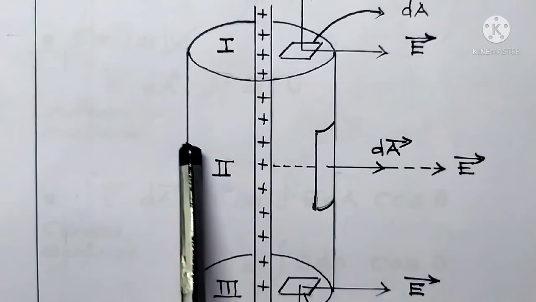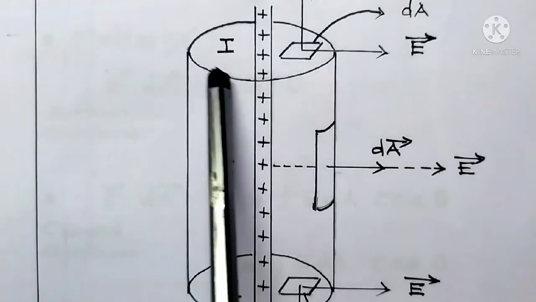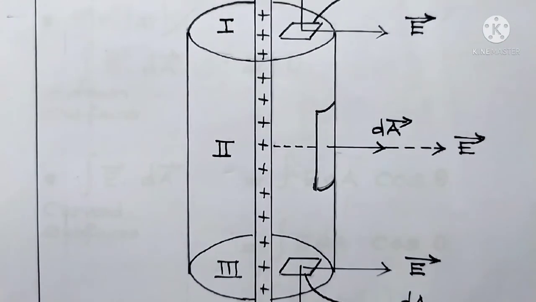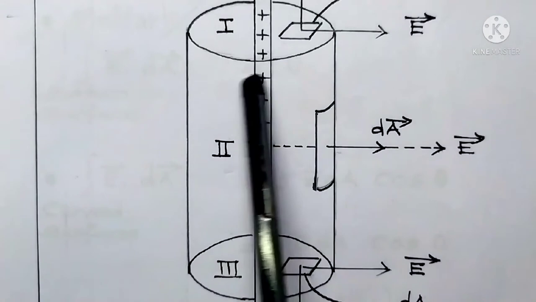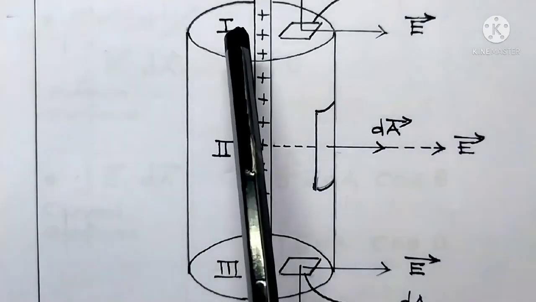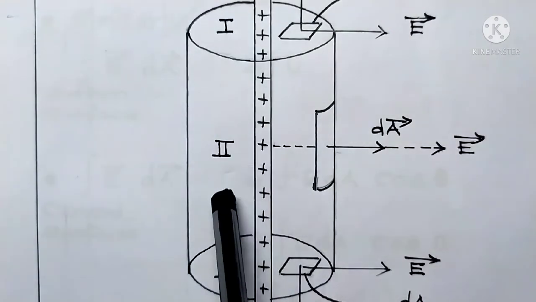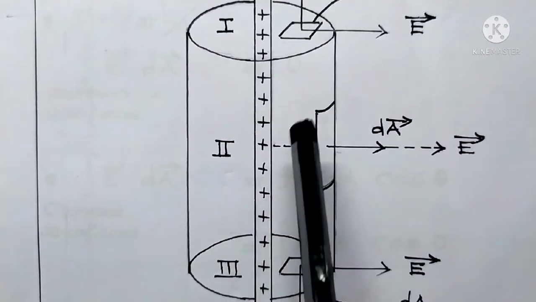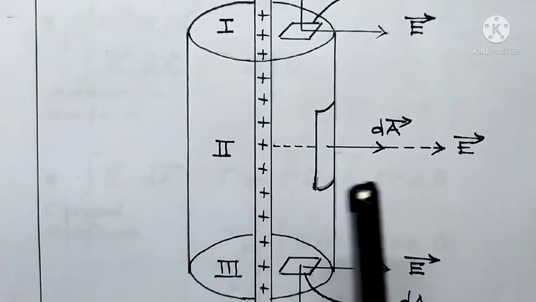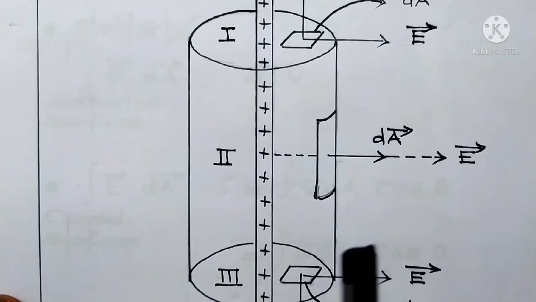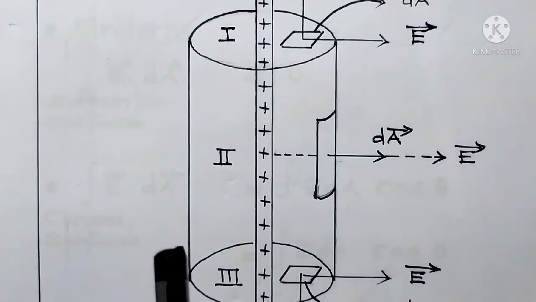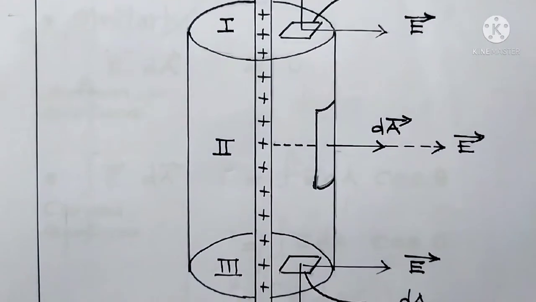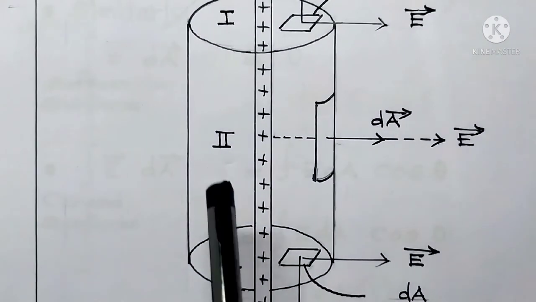So I have drawn a cylindrical Gaussian surface around this wire, and let me divide this Gaussian surface into three regions. Region number 1, region number 2 and region number 3. Now this cylindrical Gaussian surface has three surfaces. Surface number 1, surface number 3 and surface number 2.